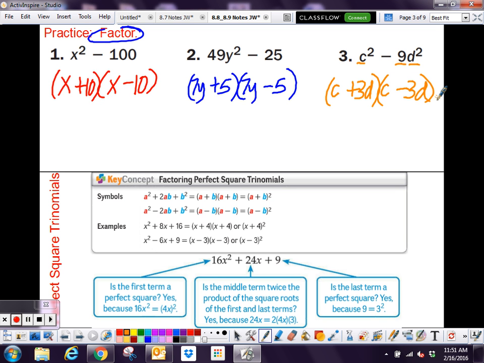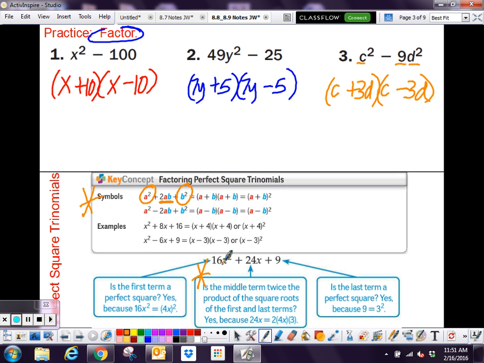Okay, here's what that means. So look in this little box right here. That means your first term is squared, your last term is squared, and your middle term, this is where it gets a little bit tricky. Look at this box down here in the middle. If your middle term is twice the product of the square roots of the first and the last terms, here's what that means.